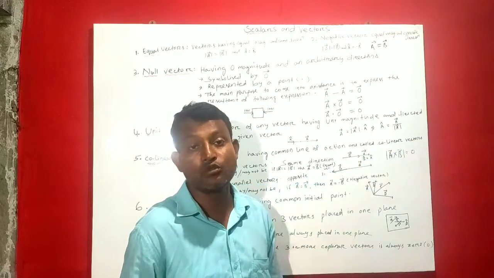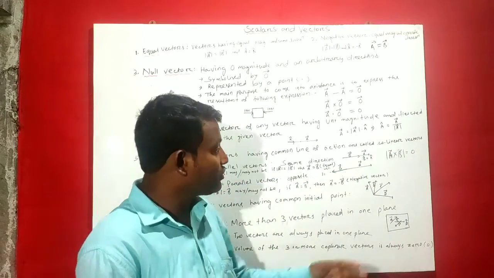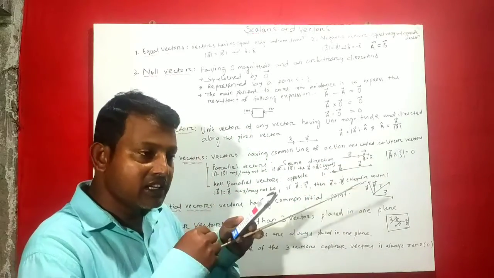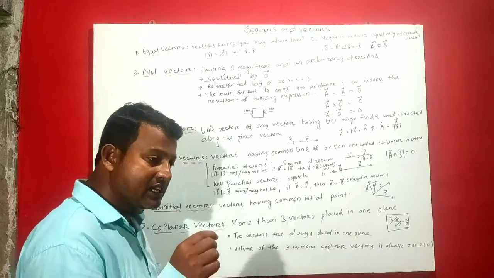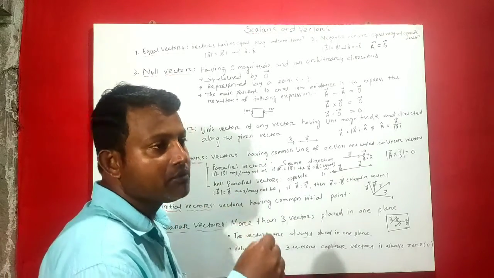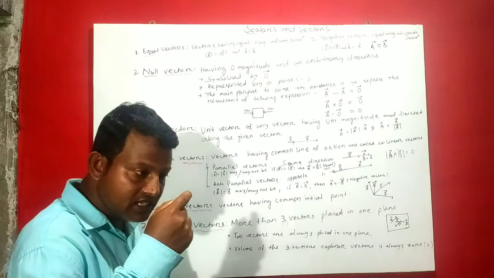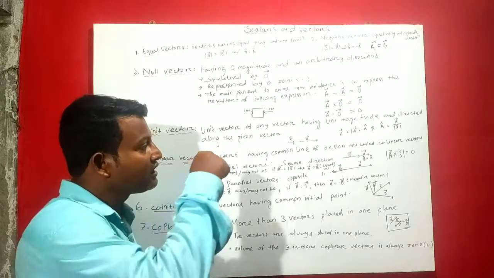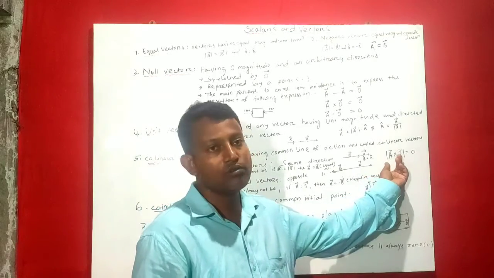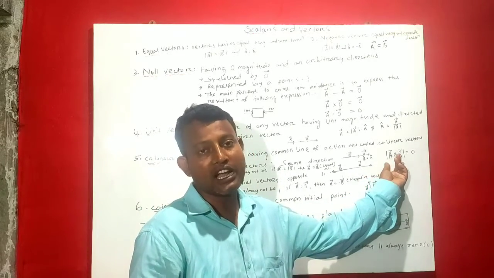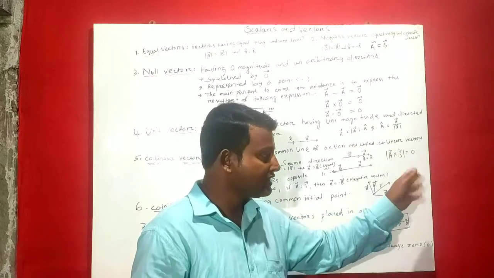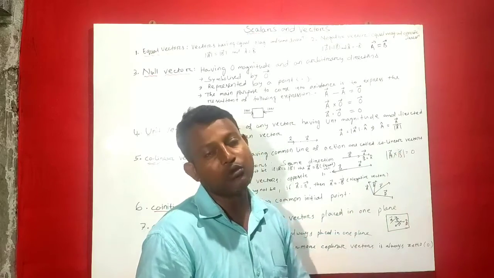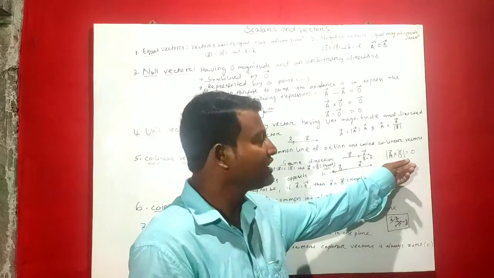That means the area is 0. If we represent the two vectors as sides of a parallelogram, then the area of the parallelogram gives the magnitude of the cross product of the two vectors. That means the area of the parallelogram is 0 when they become in one line.